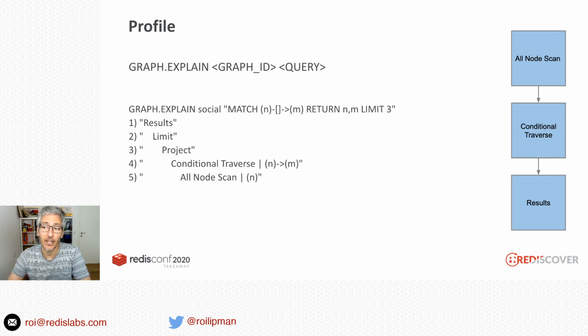So for every given node, the conditional traverse, the second operation, would perform a traversal, a one hop in this case, to reach the set of neighbor nodes. And lastly, we have the result operation, which will produce the result set. We're missing the limit operation here because I didn't have enough space. And so this is just a breakdown, or basically the plan, that RedisGraph would execute given a query.